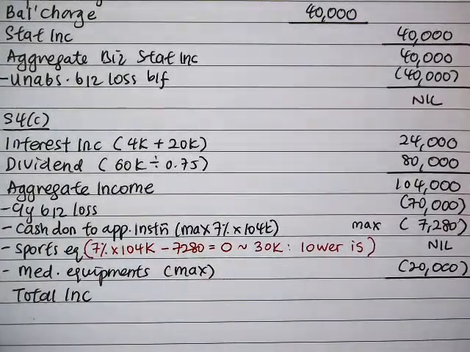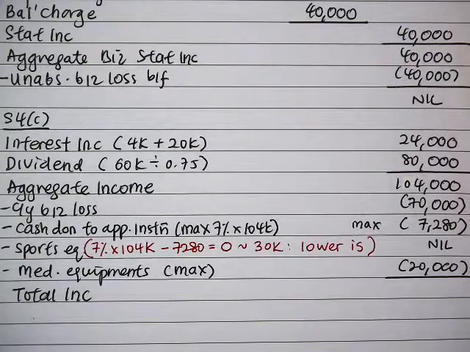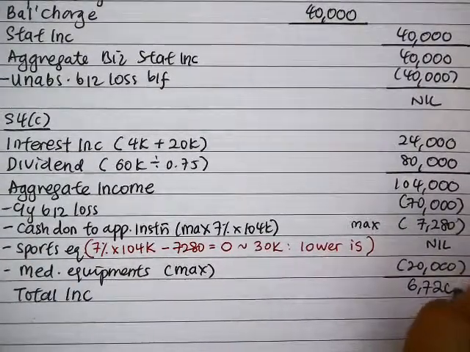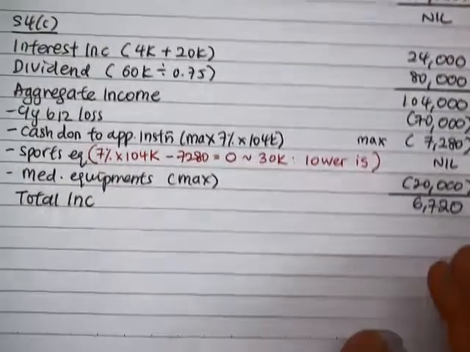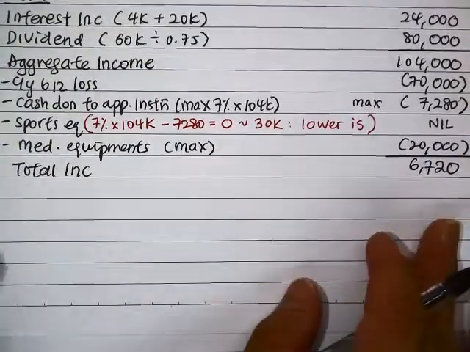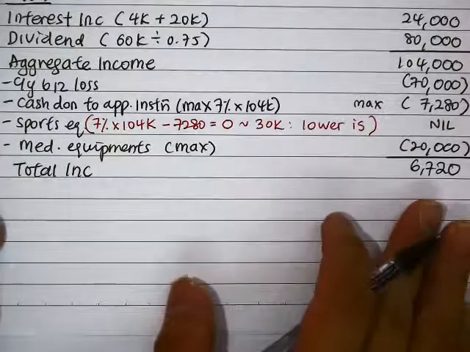So the total income that we have here will be 6720. So our friend will not get any tax definitely because the relief is definitely exceeding this.